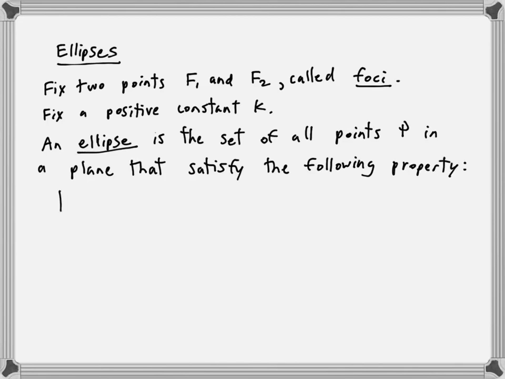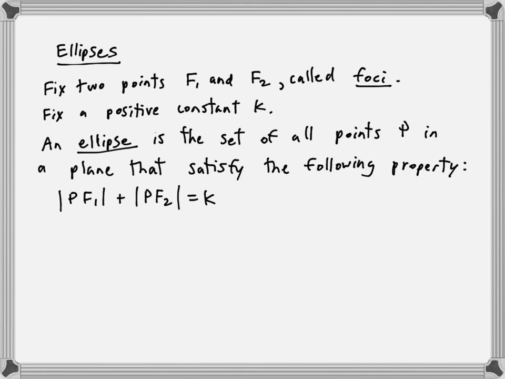The distance from P to F1 plus the distance from P to F2 is equal to K. So what we're saying is that if you take any point on the ellipse, if you calculate its distance to both foci and you add those distances together, you will always get the same constant.